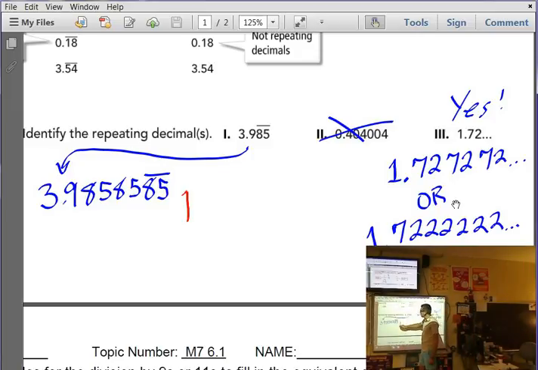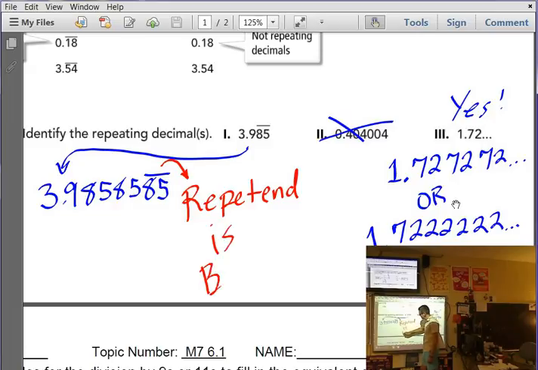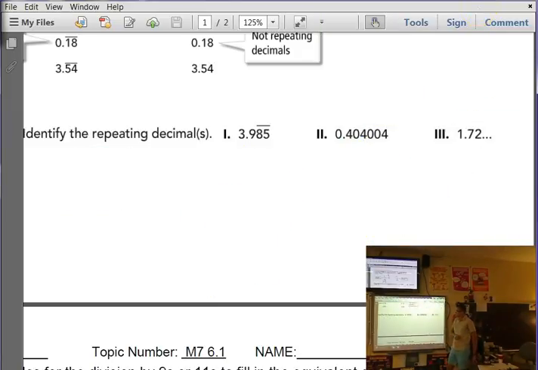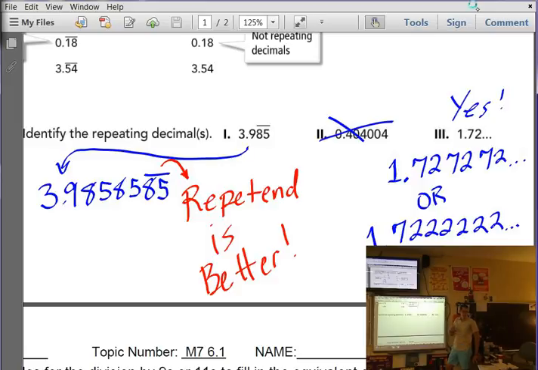And that bar is technically called the repetend. The repetend, or the bar, is the better option. Any questions? It's just more clear.